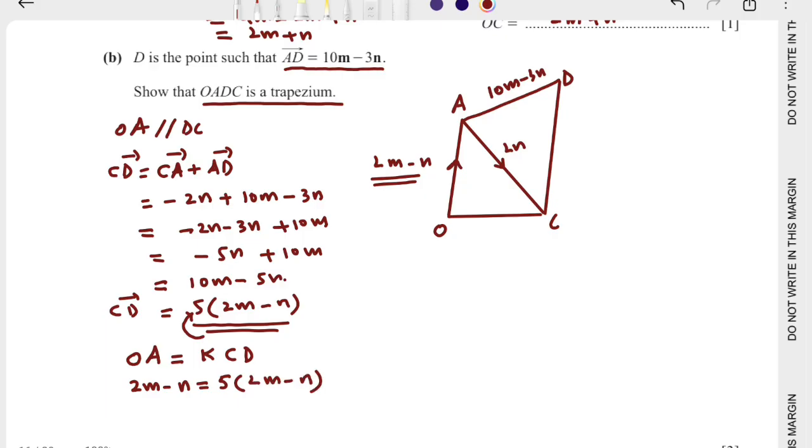After taking common, both the vectors are same, so they are parallel. So it is shown. So OA is parallel to CD, that is 5 bracket opens 2m minus n.